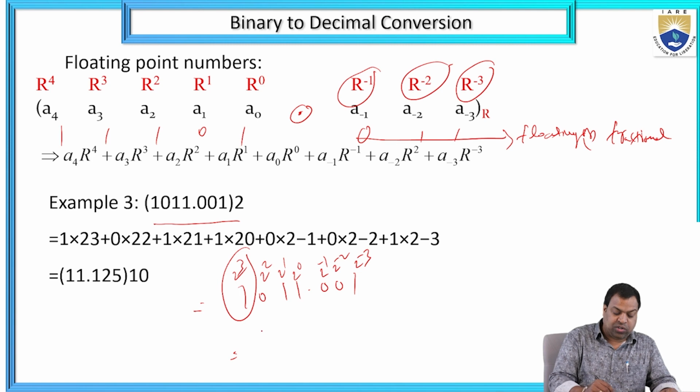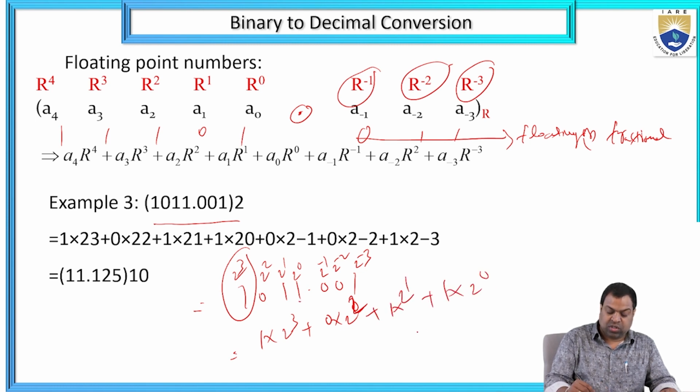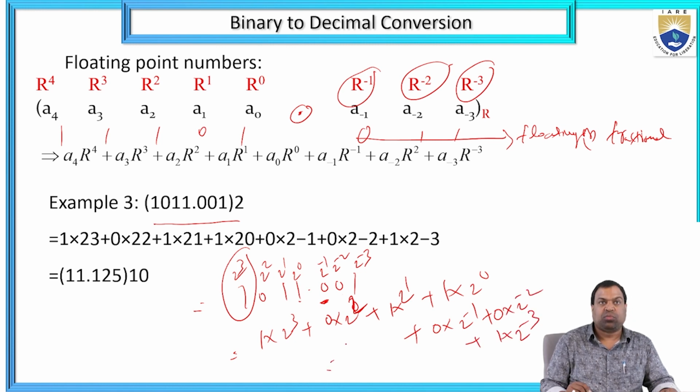So 1 into 2 cube plus 0 into 2 power 2 plus 1 into 2 power 1 plus 1 into 2 power 0 plus 0 into 2 power minus 1 plus 0 into 2 power minus 2 plus 1 into 2 power minus 3. So it is a process.